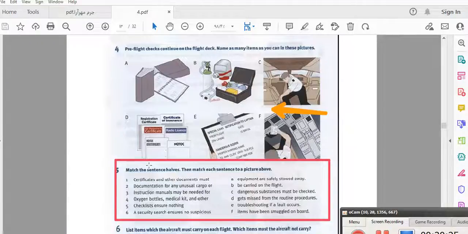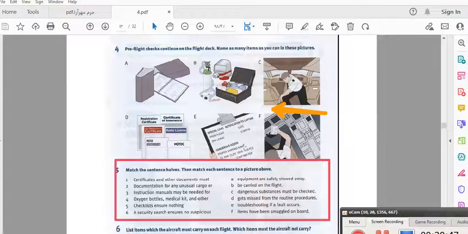Part D. Aircraft documents. Look here. Registration certificate, certificate of insurance, noise certificate, radio license. All of the certificates you need, we call them aircraft documents.